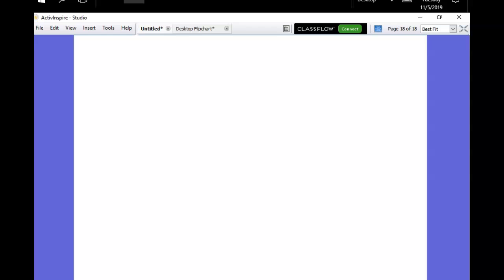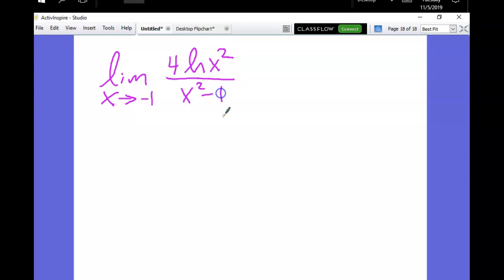Let's do another one. The limit as x approaches -1 of 4 ln of x squared over x squared minus 1. All right.